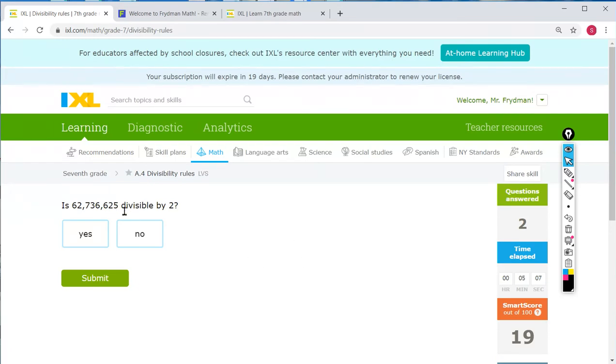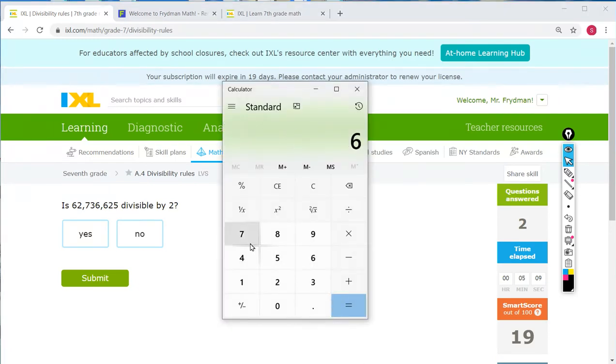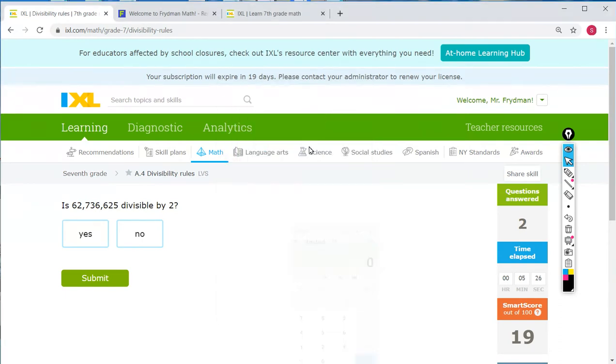So that means that when I take that number, 62,736,625, and divide it by 2, I'm going to get a decimal at the end. So you see I have that 0.5 at the end there. Okay, so we're going to say that this number is not divisible by 2.